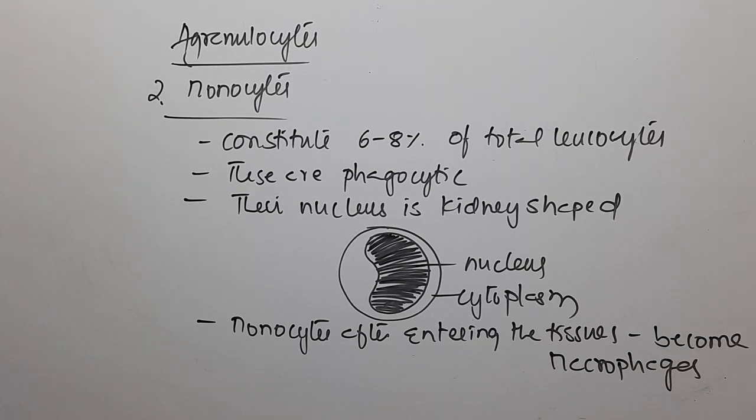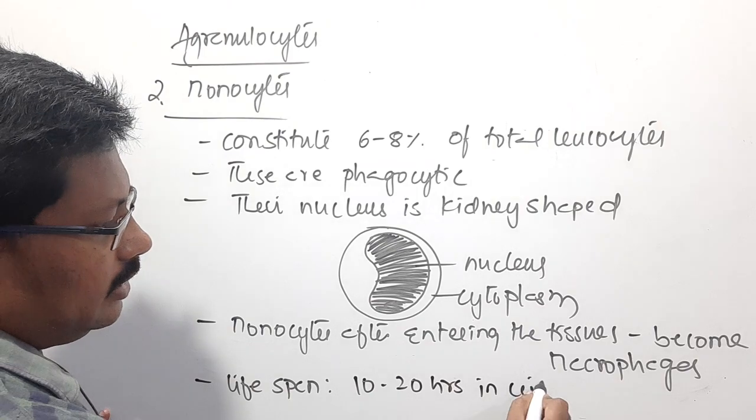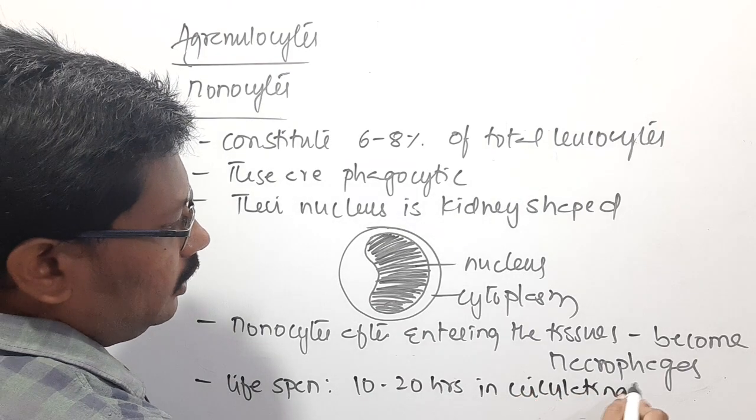Then the lifespan of monocytes is around 10 to 20 hours in circulating blood.